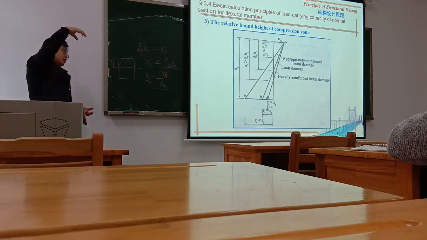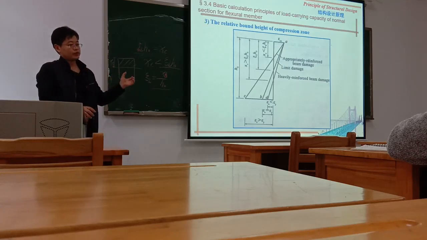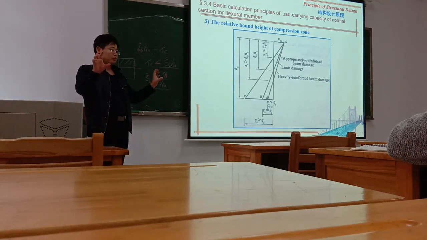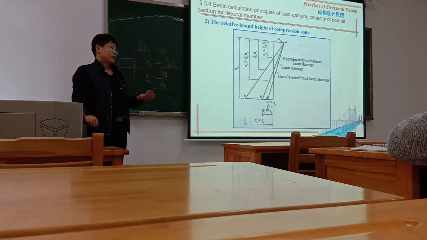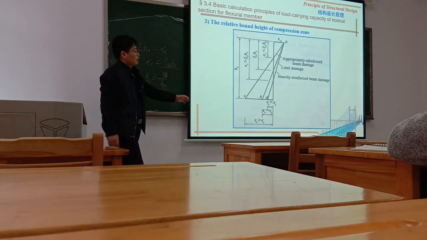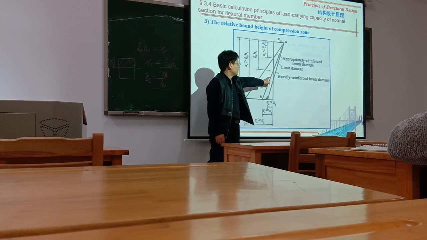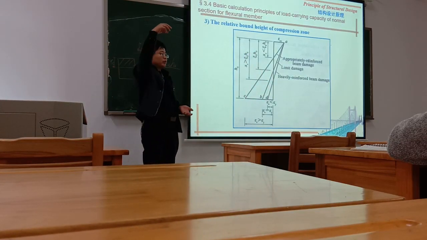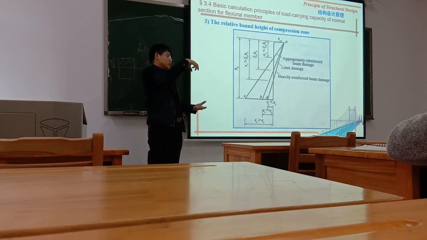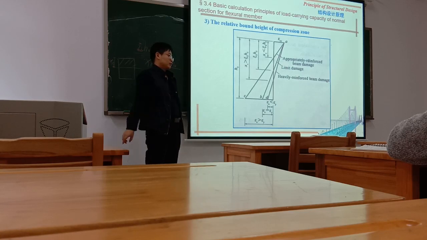At this condition, with the increase of the load, what will happen for the beam with the maximum reinforcement ratio, or at this boundary condition? Because boundary condition actually means the maximum reinforcement ratio. When you load the beam, what's the deformation or failure?